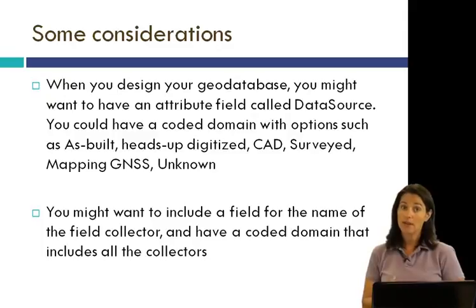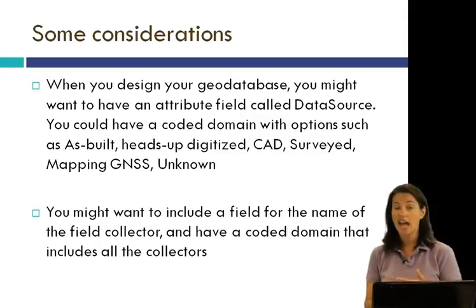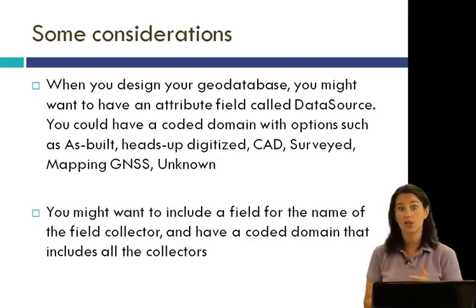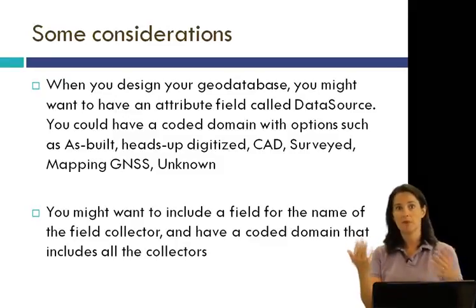When you design your database, you might also want to have an attribute field called data source, and you could have it be a coded domain, and you might want to say something such as built, heads up digitized, CAD, surveyed, mapping GNSS, or unknown, so that whenever you look at the data and you're like, oh, where did this data come from?